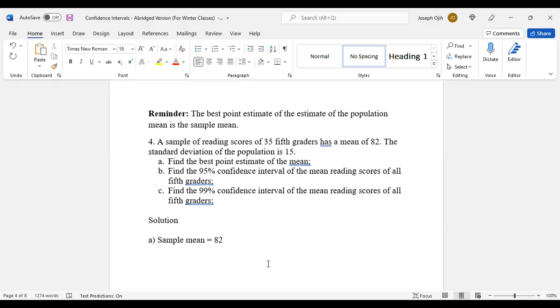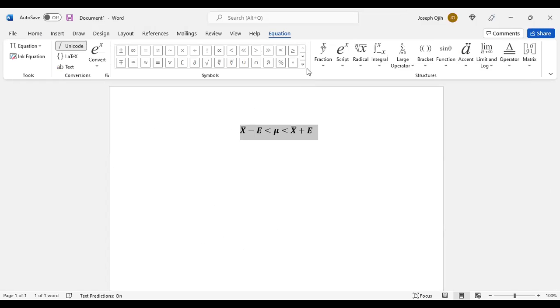There's a way we write the sample mean. The character is not here, so I'm going to get it from here. The sample mean, X bar, equals 82. You can use that one too.